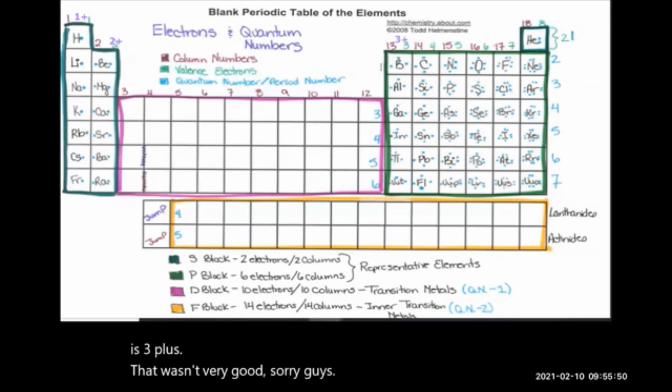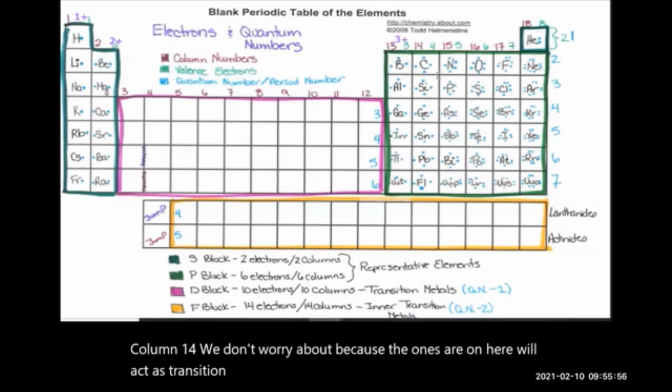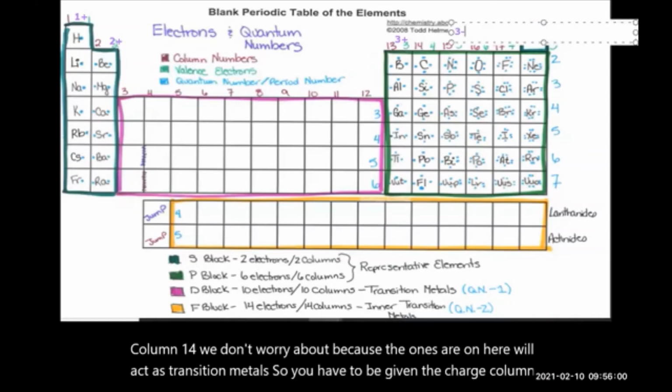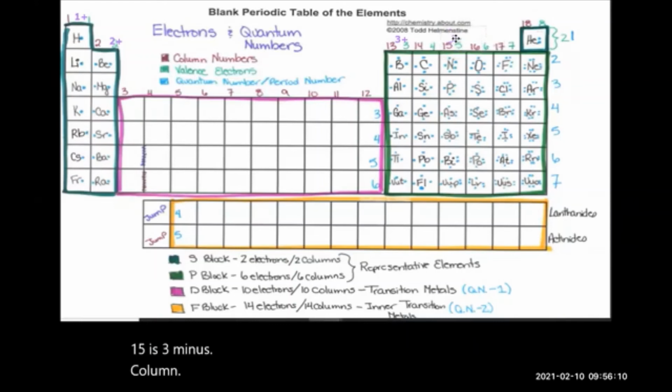Column 14 we don't worry about because the ones on here will act as transition metals. So you have to be given the charge. Column 15 is 3 minus. Column 16 is 2 minus.